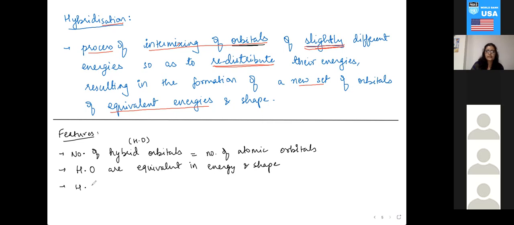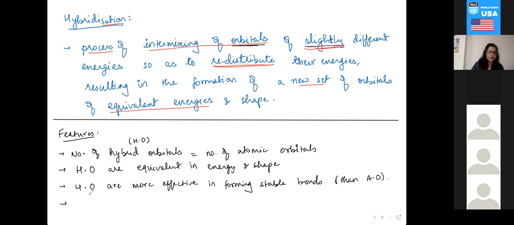The third reason why hybrid orbitals are formed is that hybrid orbitals are more effective in forming stable bonds compared to pure atomic orbitals.